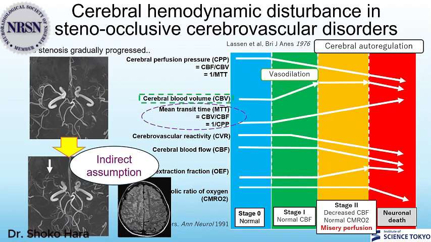The FLAIR IV sign is, again, not identical to any traditional hemodynamic parameters. However, when the IV sign is present, it suggests the presence of dilated capillaries, increased blood volume, and prolonged transit time.